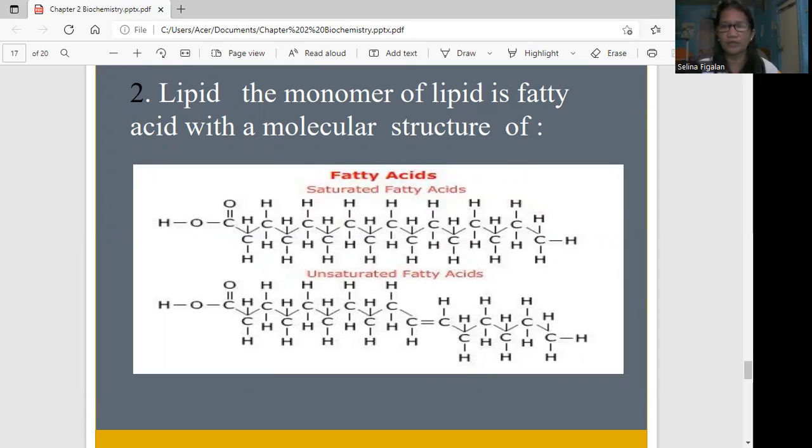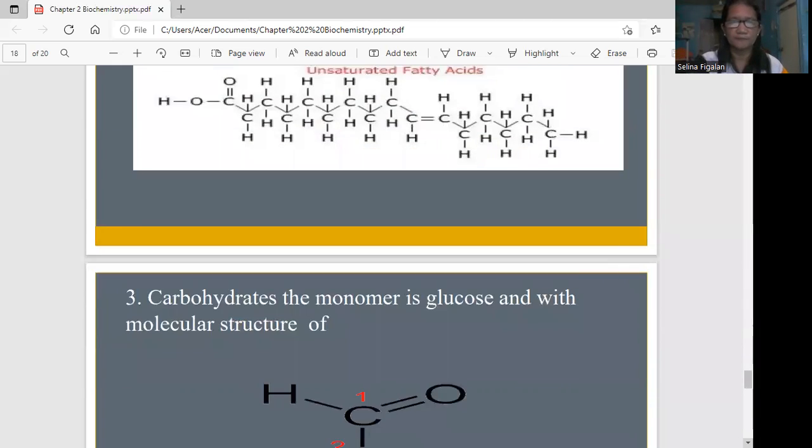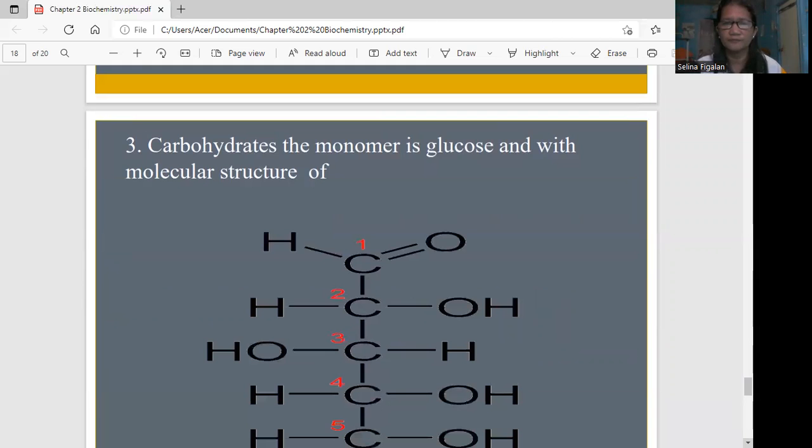So CHO, carbon, hydrogen, and oxygen, is present in your biomolecules. Carbohydrates: the monomer of this is glucose, but sometimes fructose and galactose are mentioned. They're also called monomers. But in general, the best-known monomer of carbohydrates is glucose.